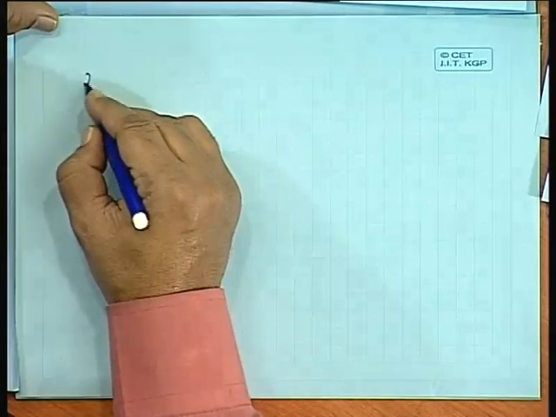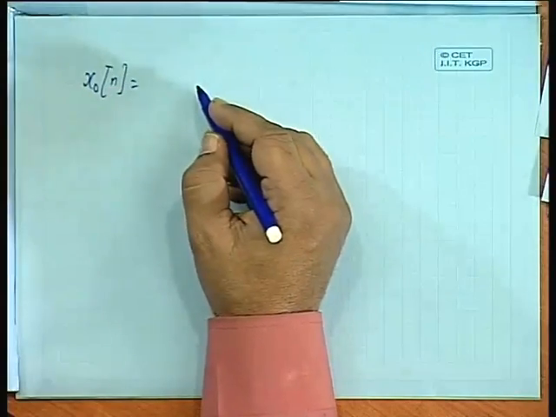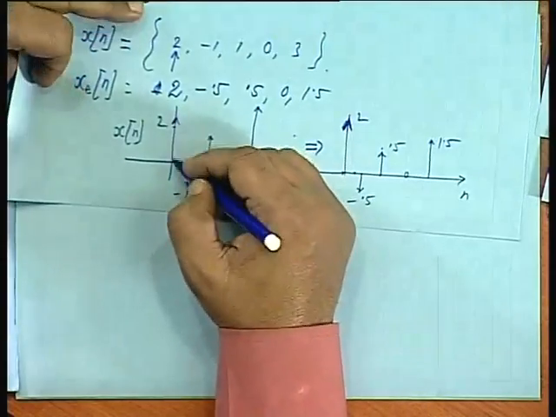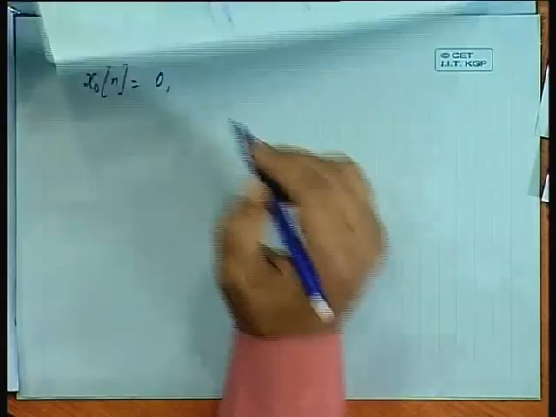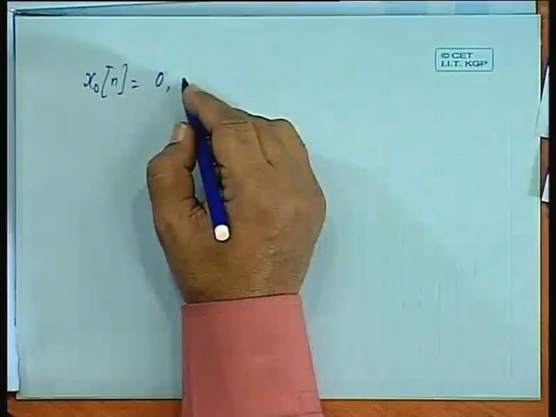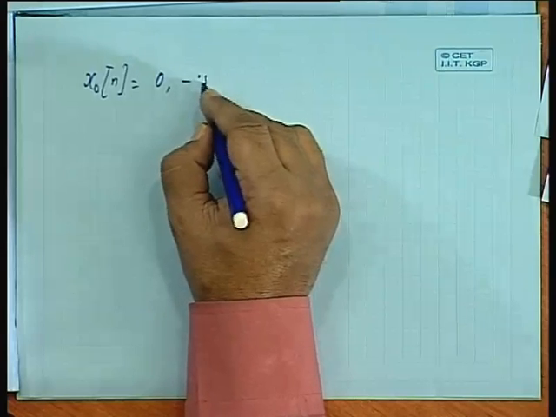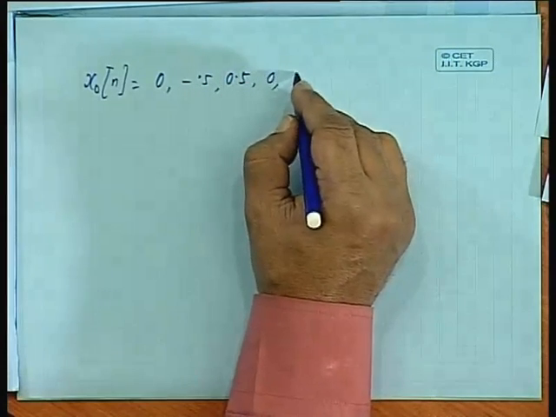What will be the odd sequence? Okay, let us see. X odd will be 2 minus 2, 0, then this one will be the same. So minus 0.5, plus 0.5, 0, 1.5.